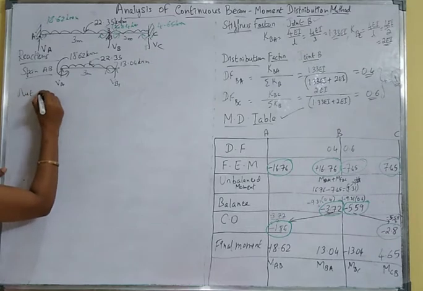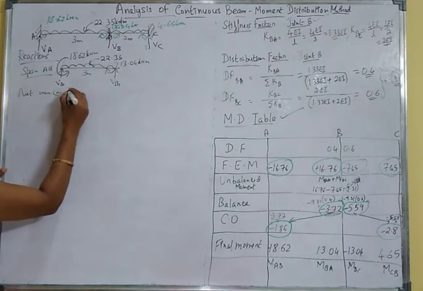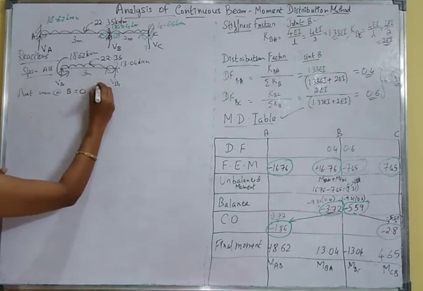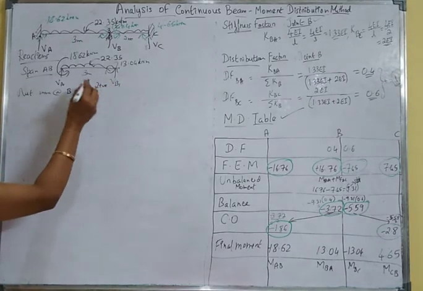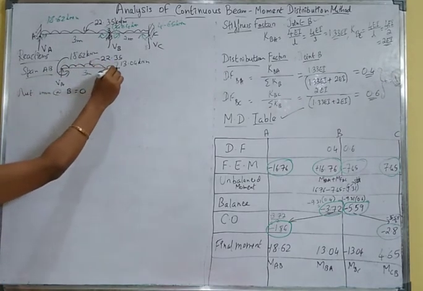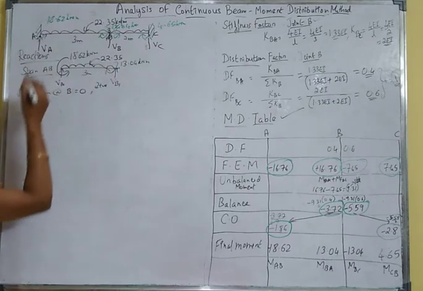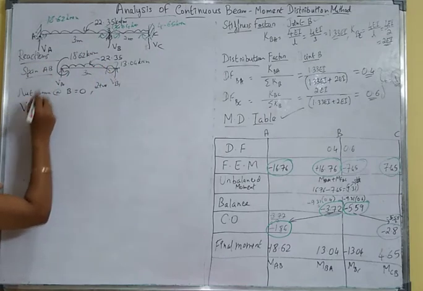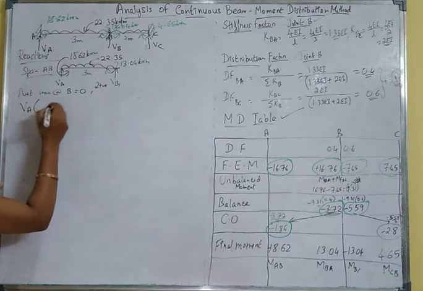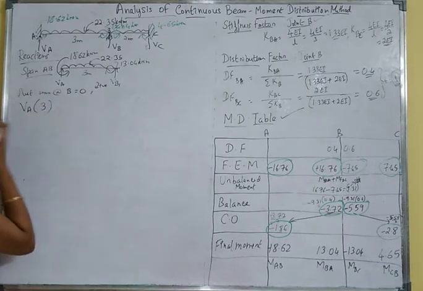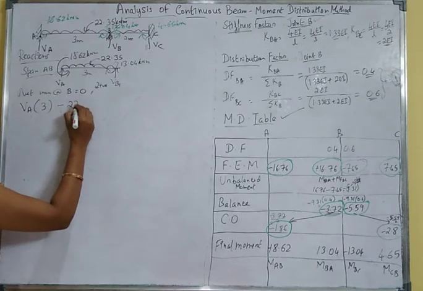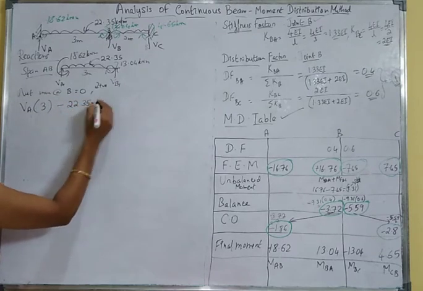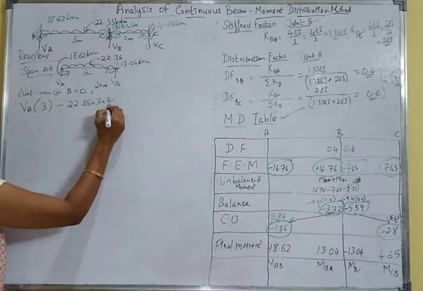Net moment at B equal to 0, consider clockwise as positive. So net moment at B is equal to 0. At this point moment is 0. So reaction, that is VA, it is clockwise, so positive. VA into distance, that is 3. And this is anti-clockwise, minus 22.35 into 3 into 3 by 2.